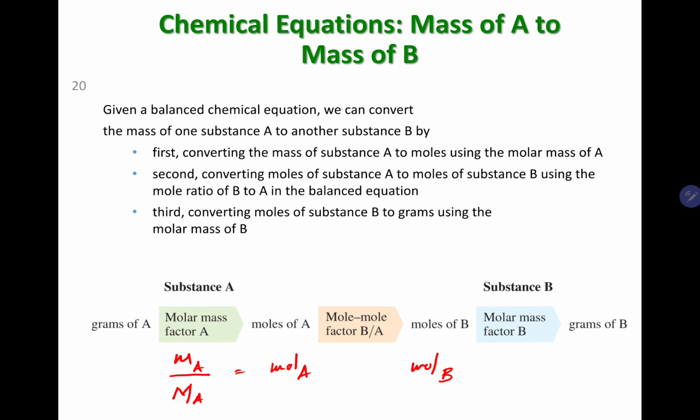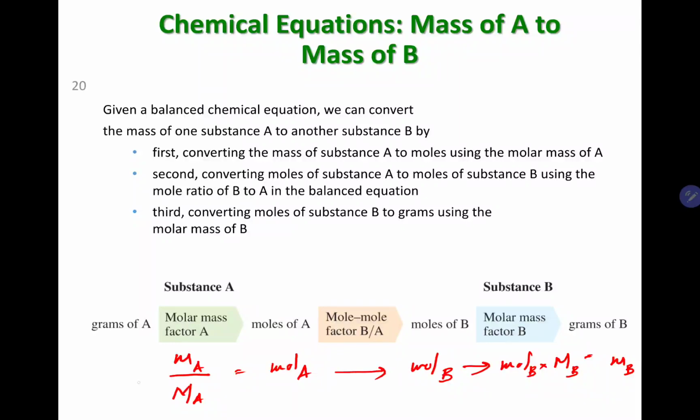Of course, you are a chemistry person, but if you want to make sure that everyone else understands, you have to convert these moles into grams of B. How do you convert moles of B into grams of B? You multiply moles of B by the molar mass of B. It will give you the mass of B.